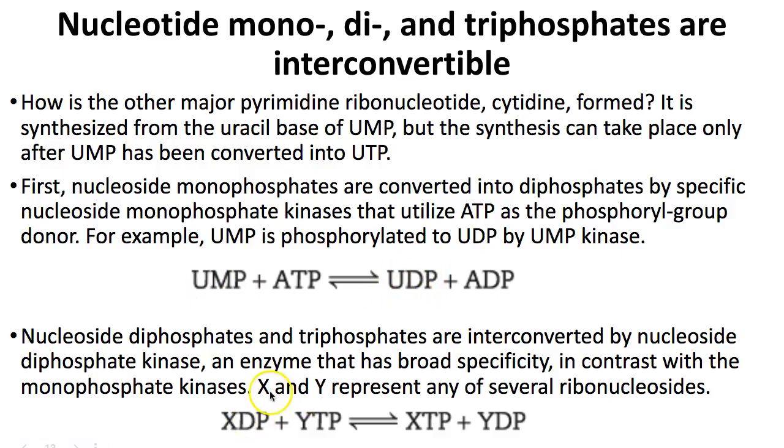And then from there, you can add some more phosphate groups to your nucleotide to end up making a triphosphate. And so when you have this X and Y, this represents different types of ribonucleosides that are available.